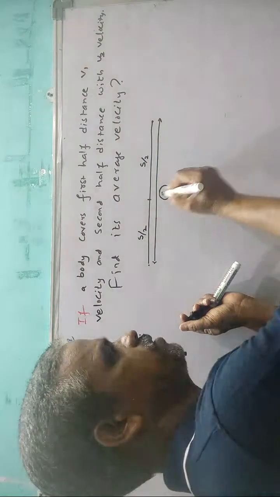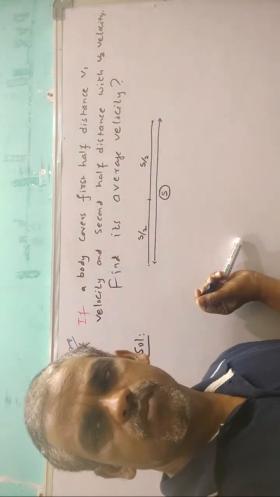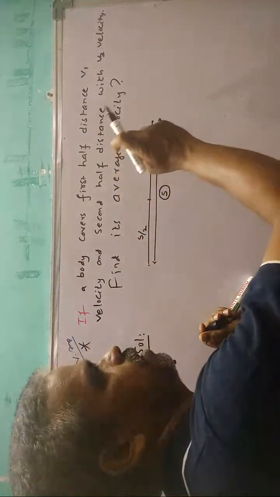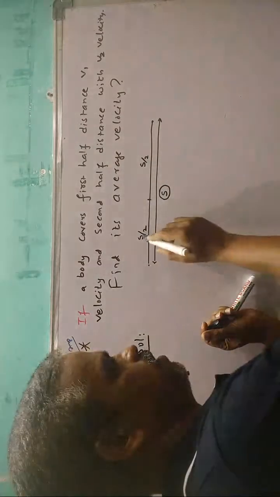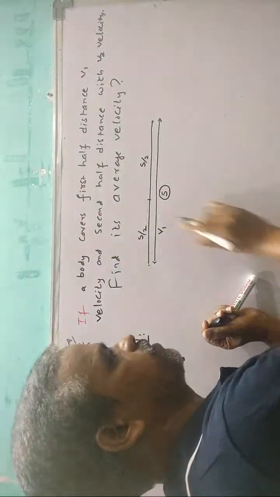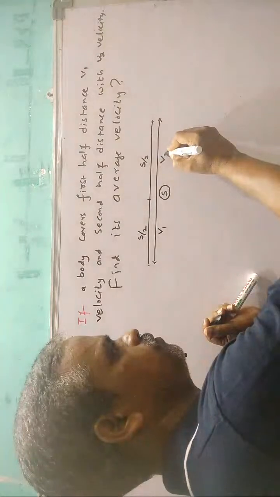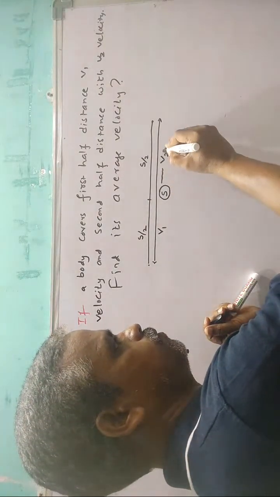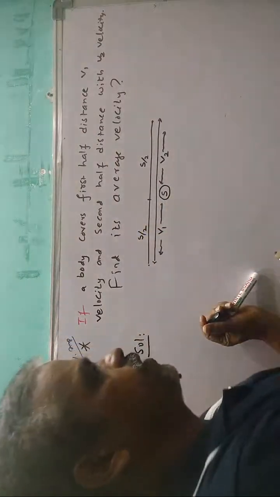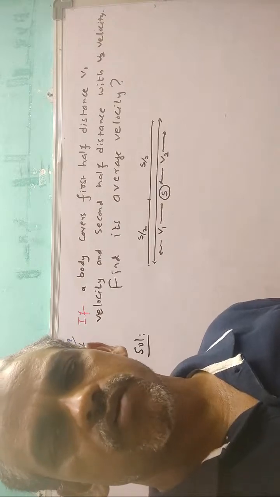S by 2 plus S by 2 will get total S. S by 2 displacement with v1 velocity, S by 2 displacement with v2 velocity. Then find its average velocity.